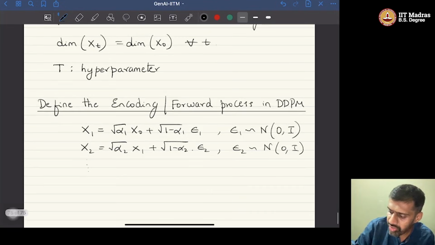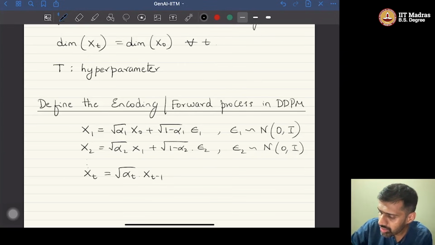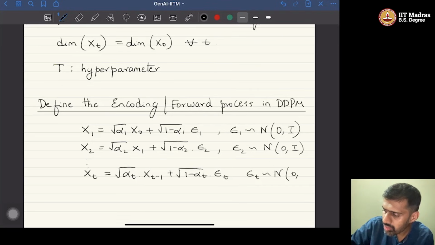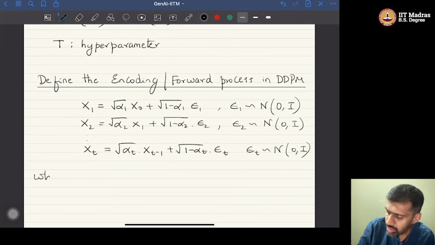This is how we define it, and for a given x t, which is the tth latent space, we define that as root of alpha t times x t minus 1 plus root of 1 minus alpha t times epsilon t, where epsilon t is again a sample from normal 0, 1. Now what are the unknowns here?